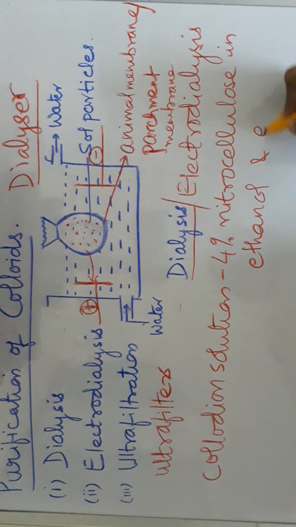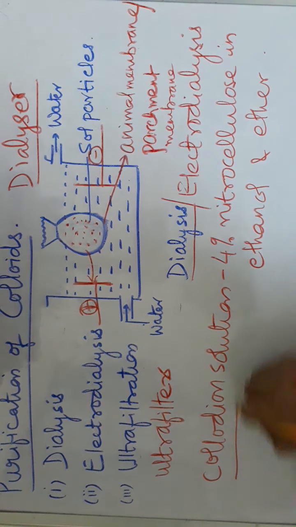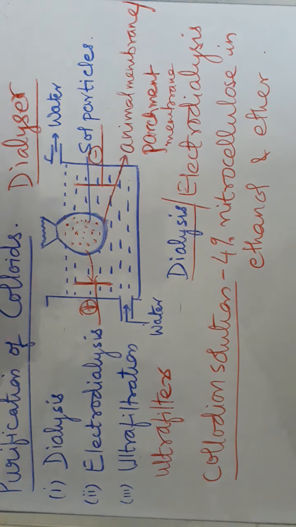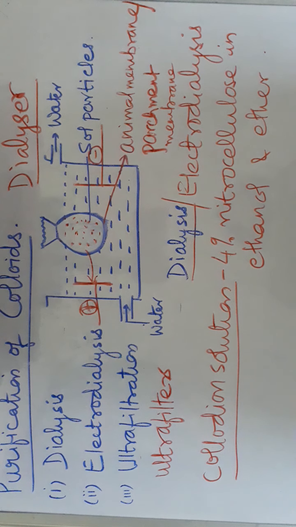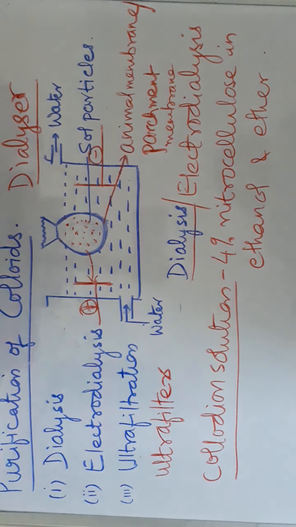So ordinary filter papers are dipped in collodion solution and dried, and later dipped in formaldehyde solution so that they become hard. Such filter papers are called ultrafilters. Using ultrafilters, when a colloidal solution is filtered, the impurities cannot pass through the ultrafilter paper. By this we can purify a colloid.